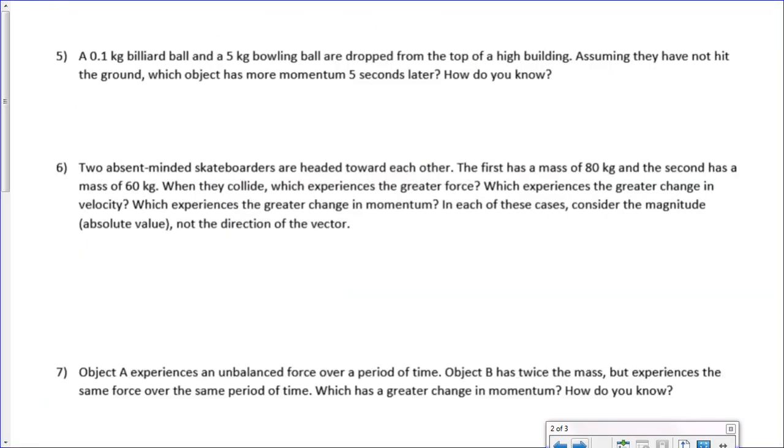Okay, on to problem number 5. This one says a billiard ball and a bowling ball are dropped from the top of a high building, assuming that they have not hit the ground. Which object has more momentum 5 seconds later, and how do you know? Well, the first thing to notice here is that they would have the same velocity because they're falling under free fall motion.